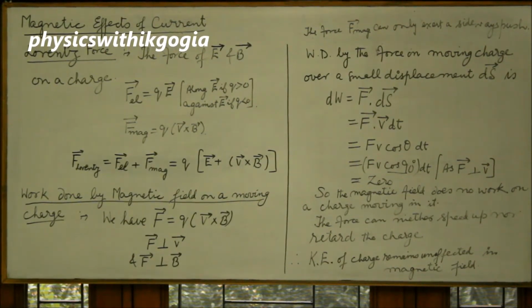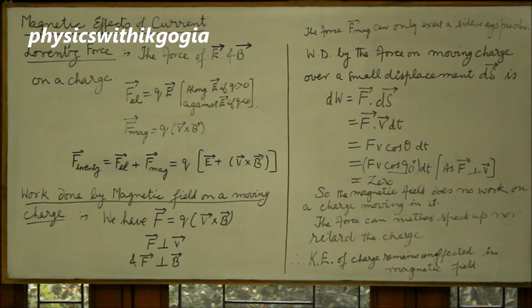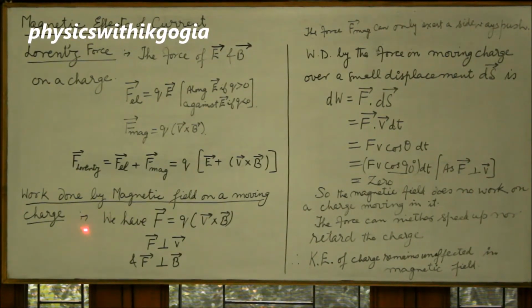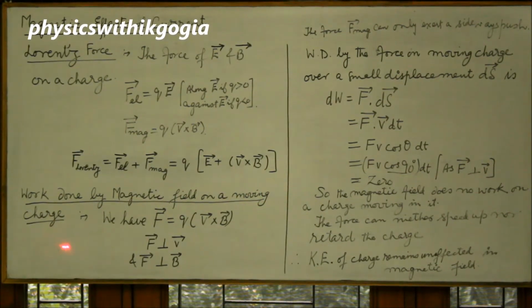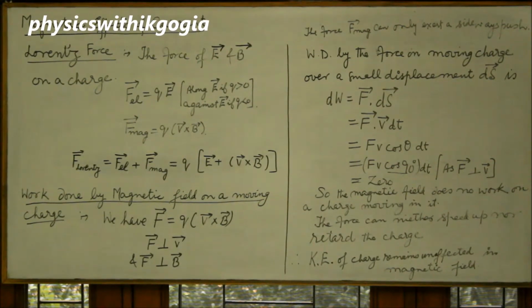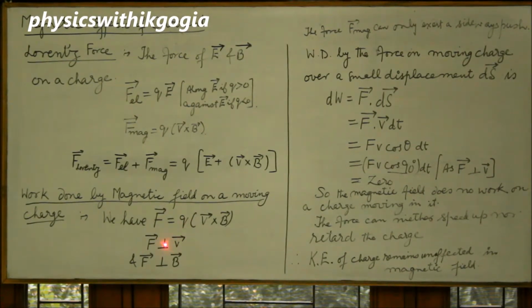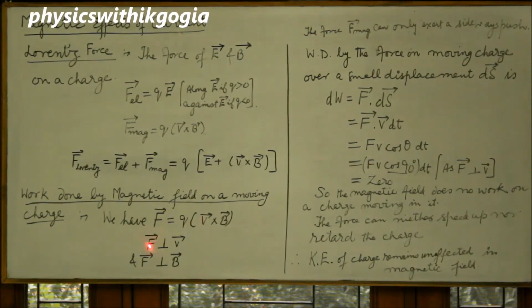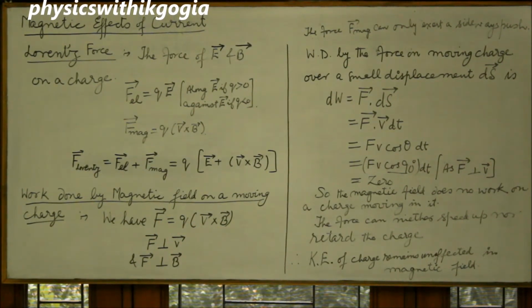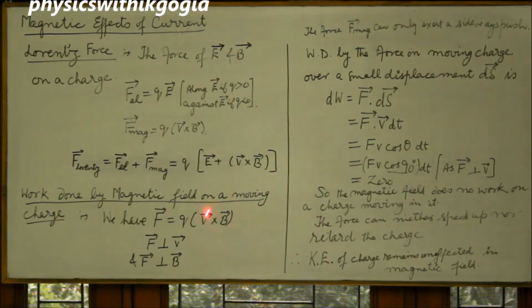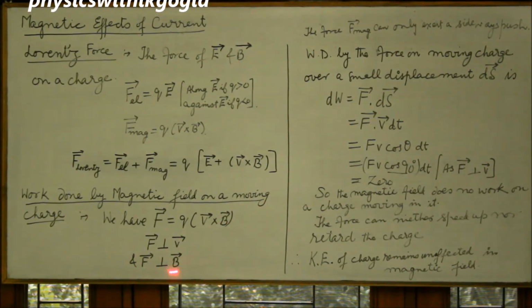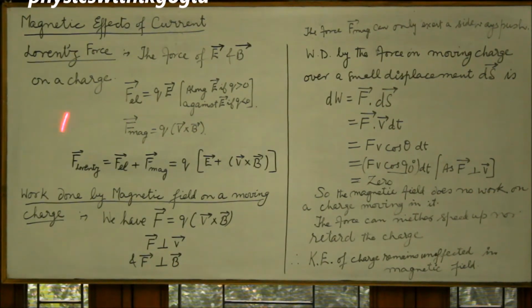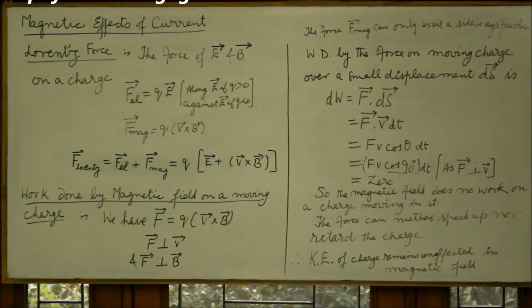Let's now proceed further and see how a charge moving in a magnetic field behaves, and what is the work done by a magnetic field on a moving charge. We know if a charge Q is moving in a magnetic field, it experiences a force given by Q V cross B, where by right hand rule applied to V cross B, F is perpendicular to V and F is perpendicular to B. In order to get the work by the magnetic field on the moving charge, let's see.